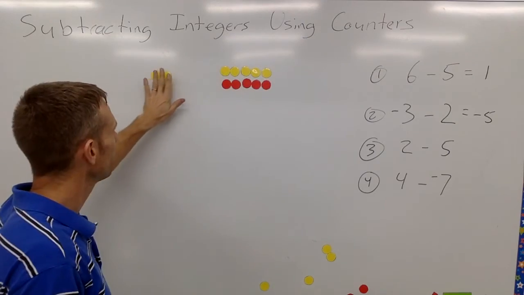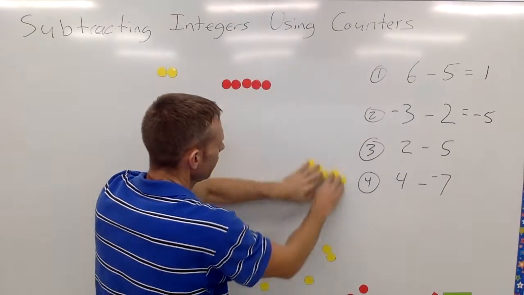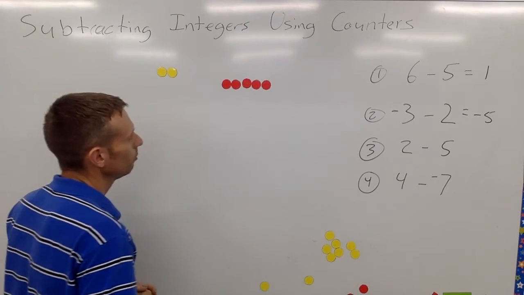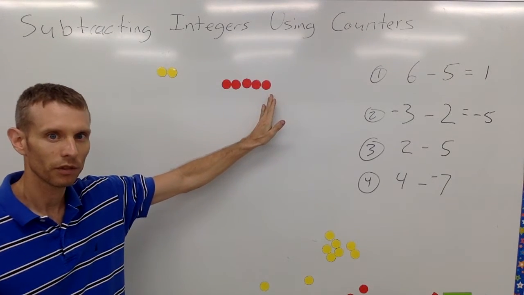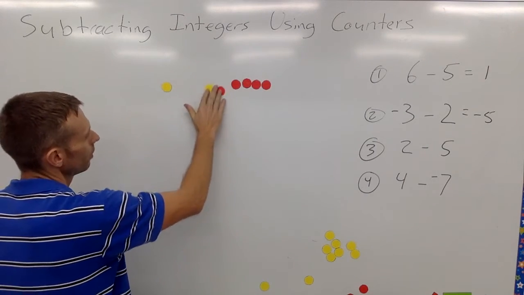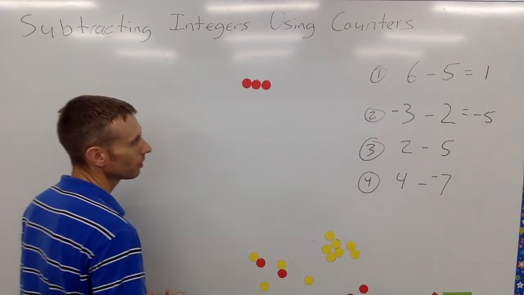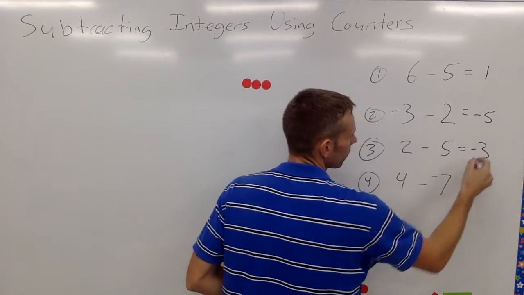So if I start out with positive 2, I take away my positive 5, I'm left with negative 5. And now I can combine these together. These cancel, I'm left with negative 3.